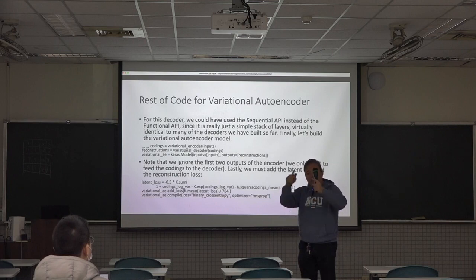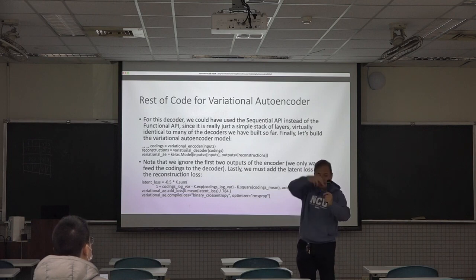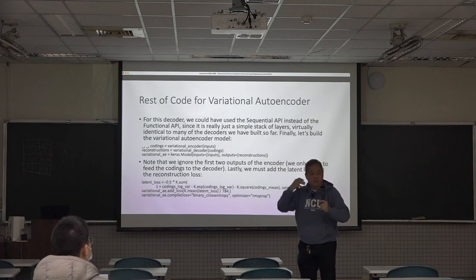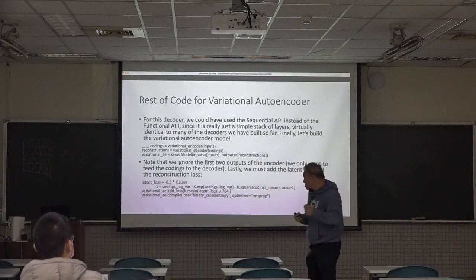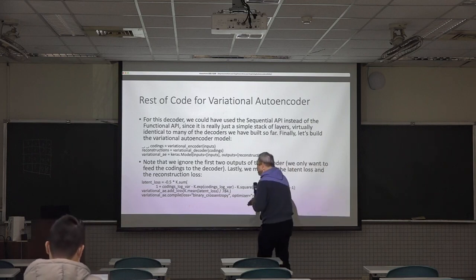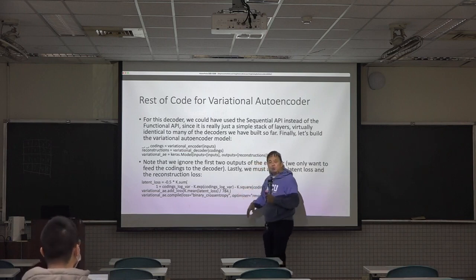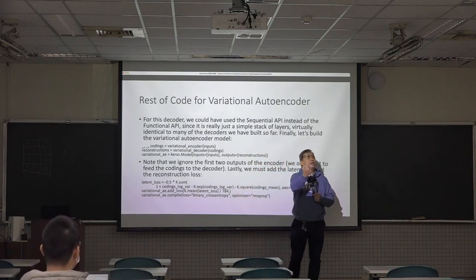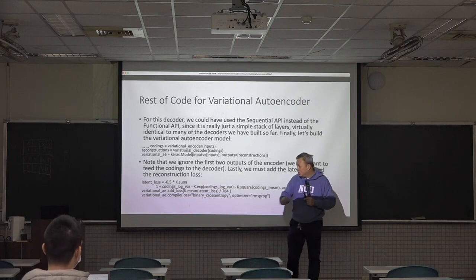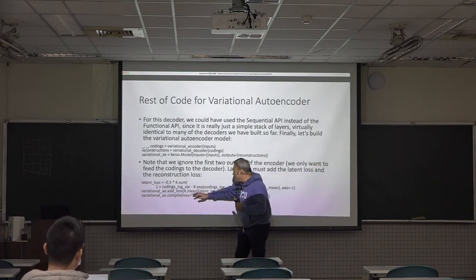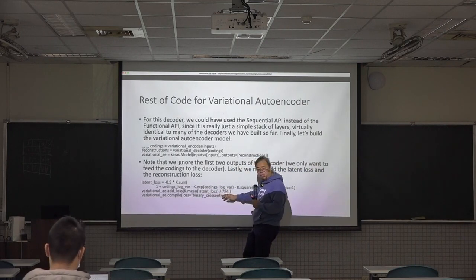Because they mean different things: one is for one neuron, the other one is for the whole picture. The whole picture has 28 by 28 neurons. So in order for them to represent just one neuron, on average, we have to divide the latent loss by 784.